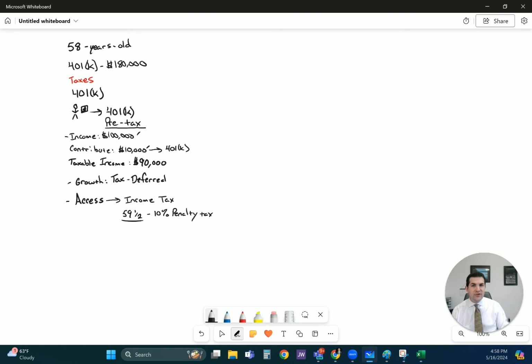I say likely because there are some instances where you can get around that 10% penalty tax. But if I access it before 59 and a half, before I retire, I'm going to have to pay a 10% penalty tax. So this is considered a qualified account that is primarily used for, guess what?